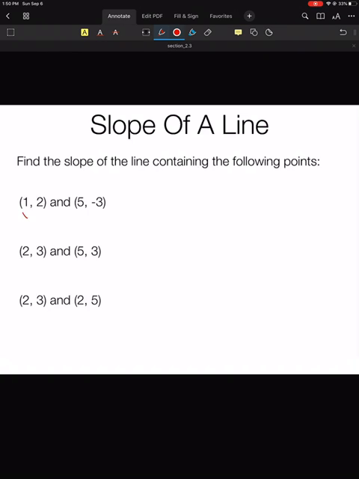Here I have 2 points, (1, 2) and (5, -3). Again, we'll label them as x1, y1 and x2, y2, and that'll be the same for all 3. The slope formula, if you'll remember, is y2 minus y1 over x2 minus x1. So let's calculate that.